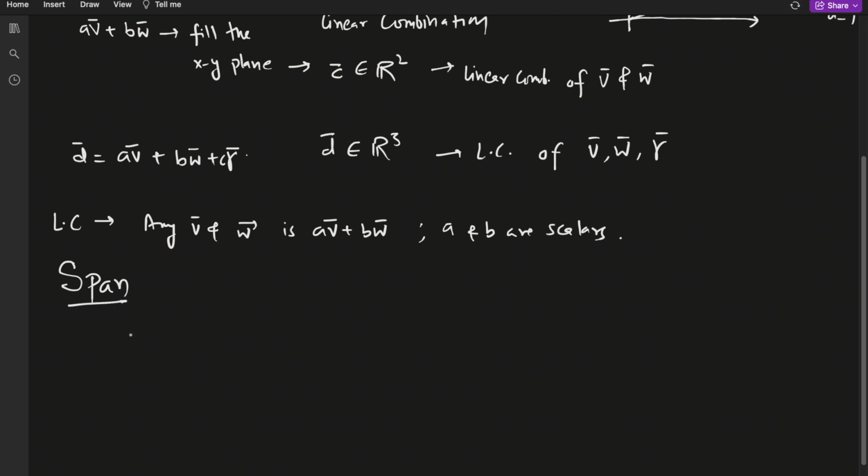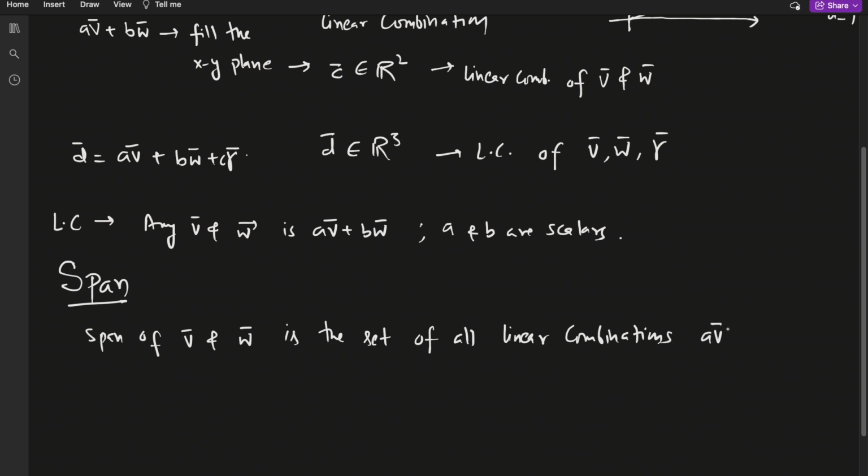The span of any two vectors v and w is the set of all linear combinations a v plus b w, where a and b belong to R. So a and b can be any real value.